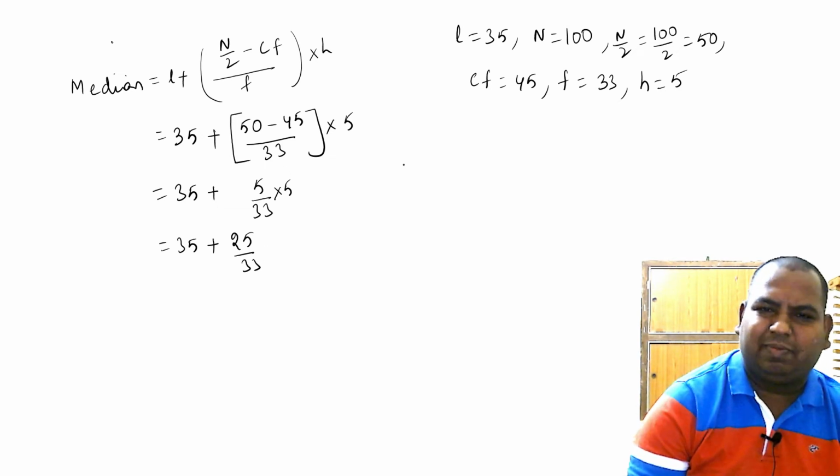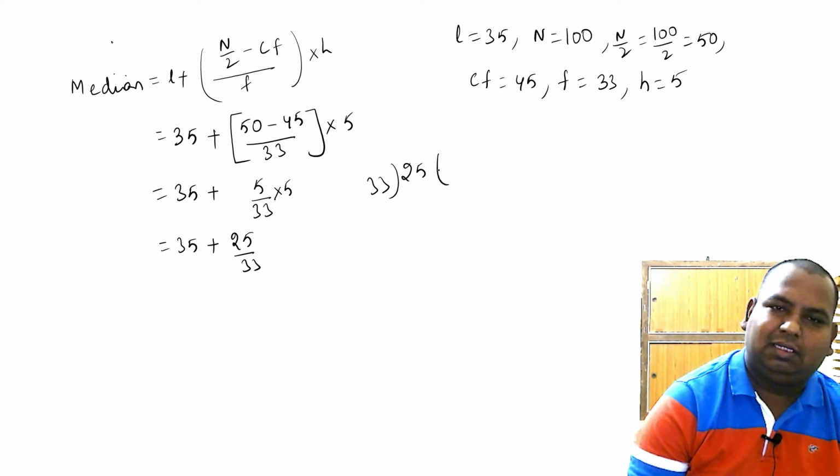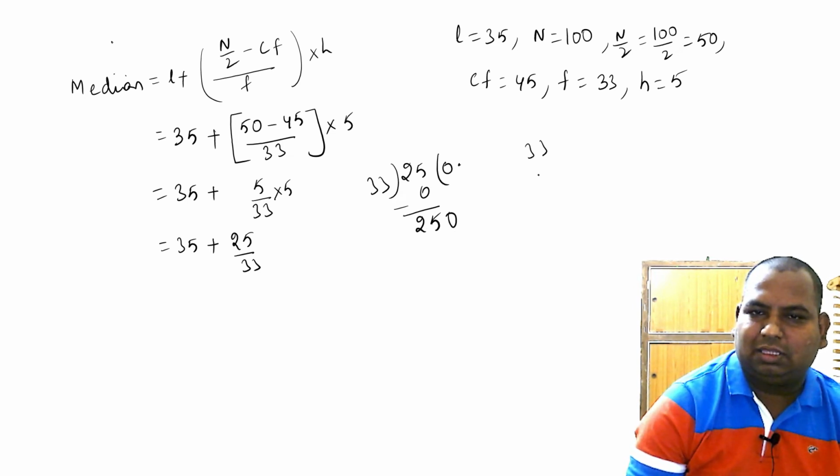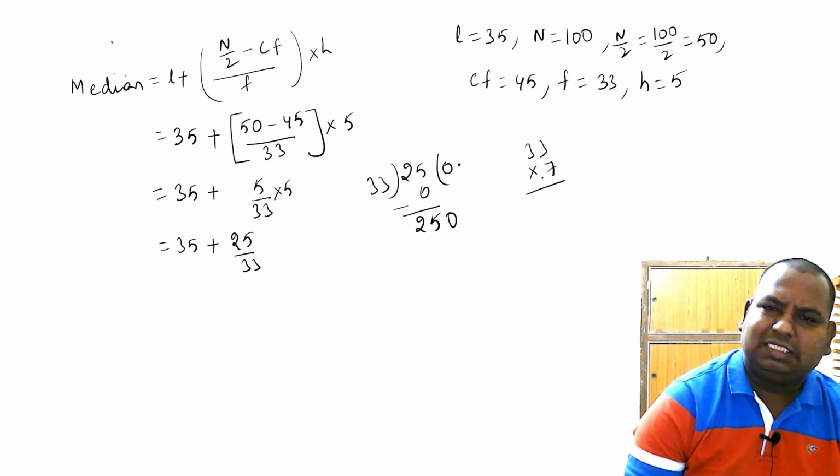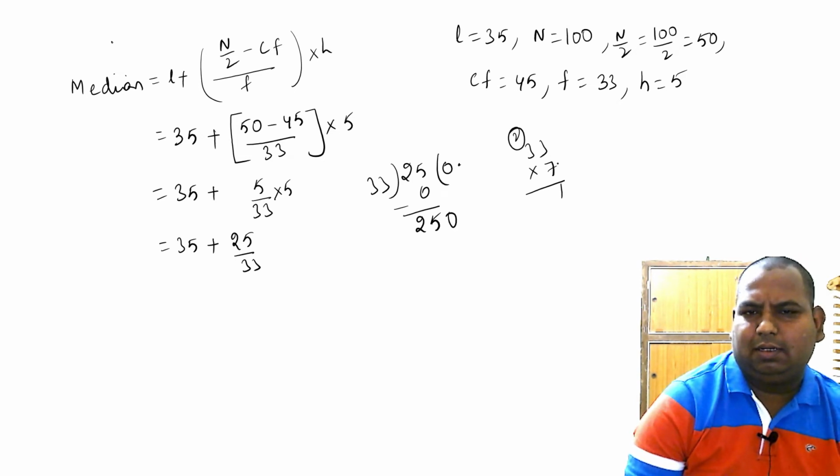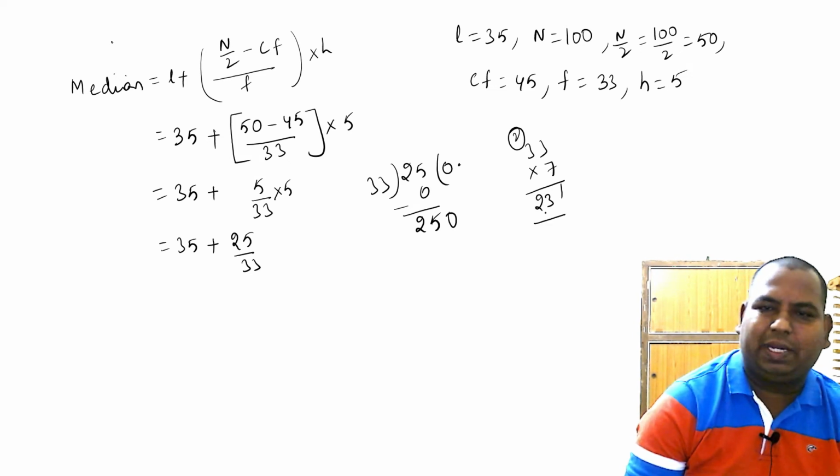Let us find 25 by 33. 33 zeros are 0. We'll have 25. Decimal 0. 33 into, I'll check 7s are. 7 3s are 21. 7 3 is 21 plus 2, 23. 33 7s is 231.